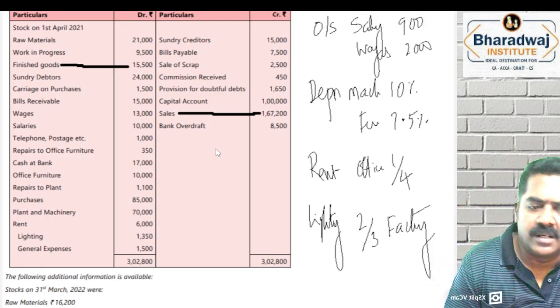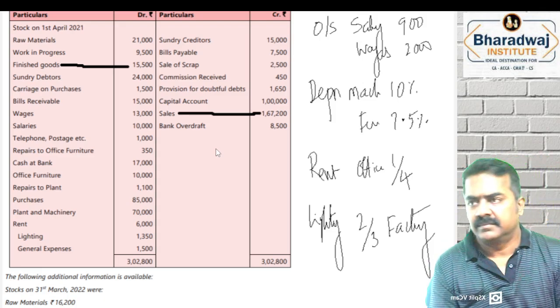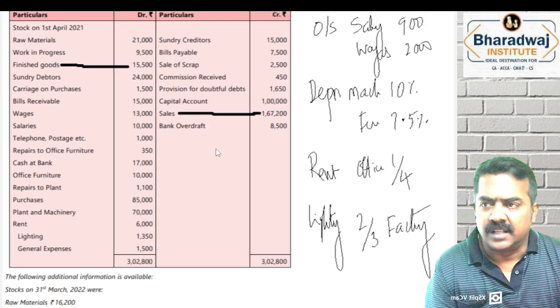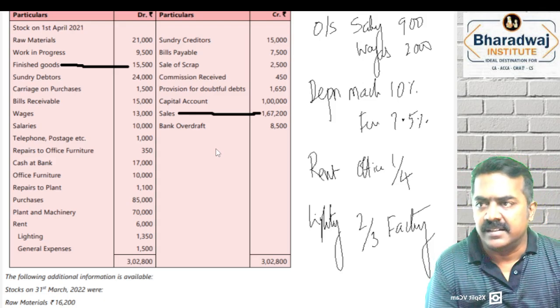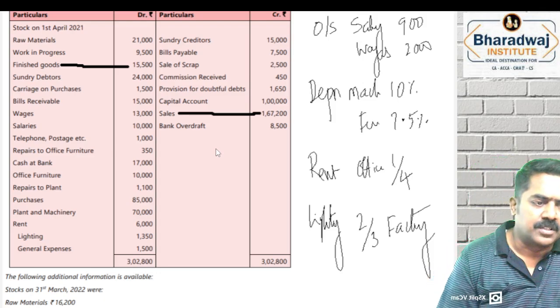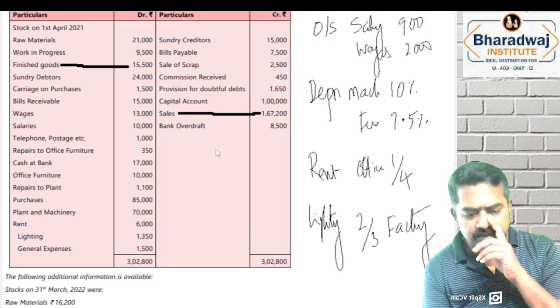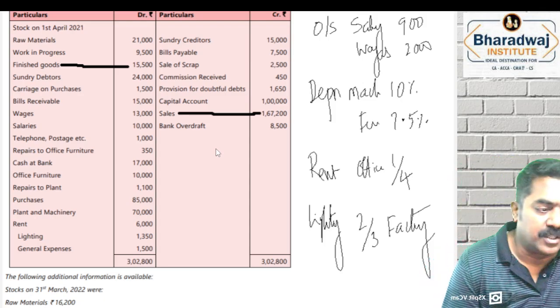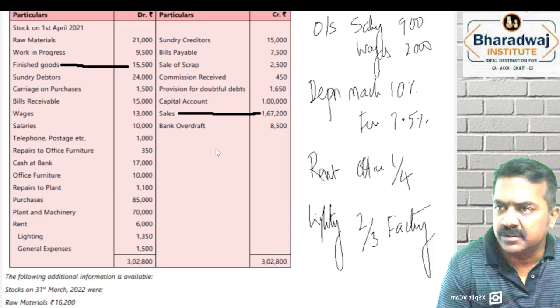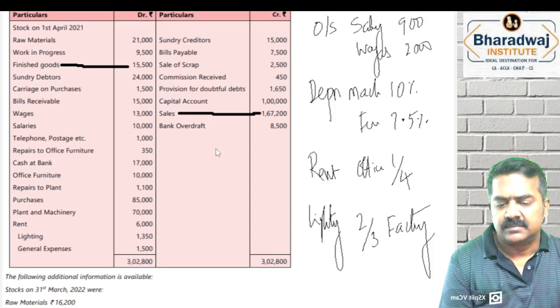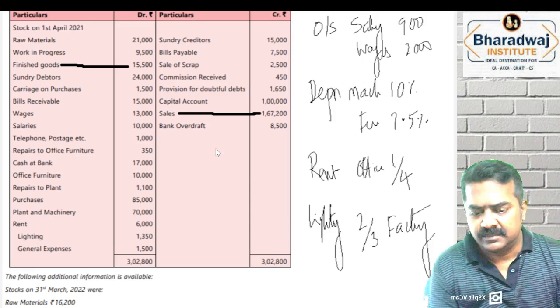What all will come in the P&L account? Salary plus outstanding salary will come. Depreciation on furniture will come. What else will come?